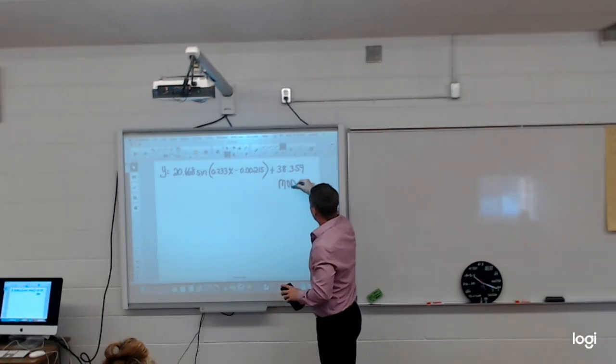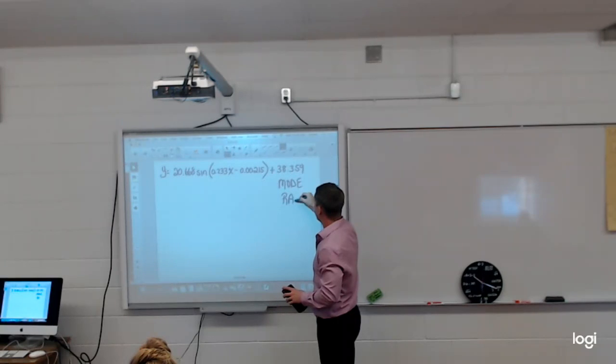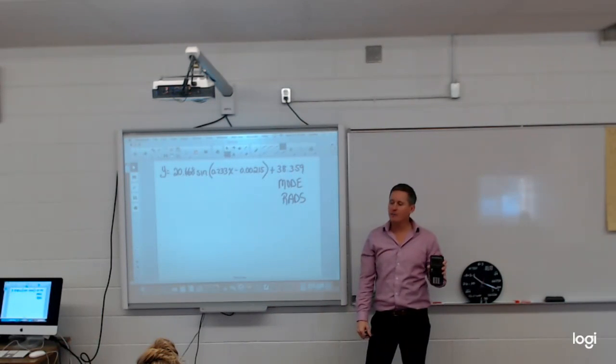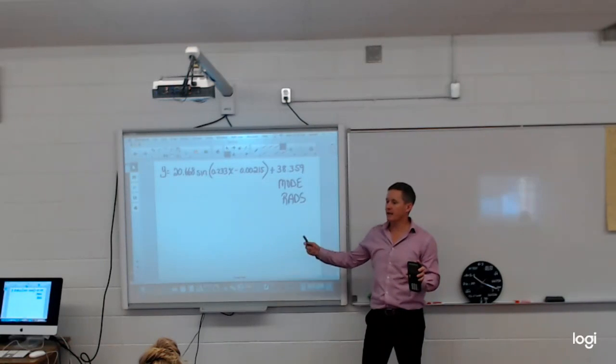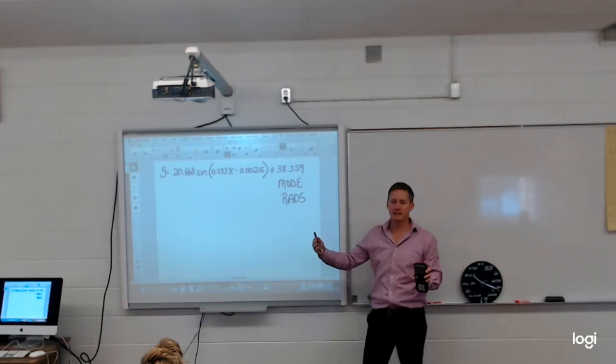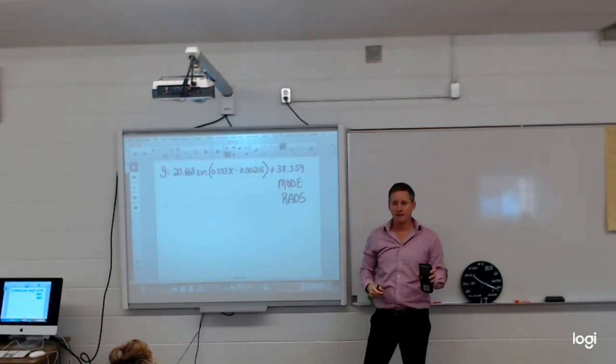Your mode has to be in radians when you're using regression. Now you have to be careful with this because if you're not using regression and you're using degrees, then it has to be in degrees. So there's going to be some flipping back and forth.